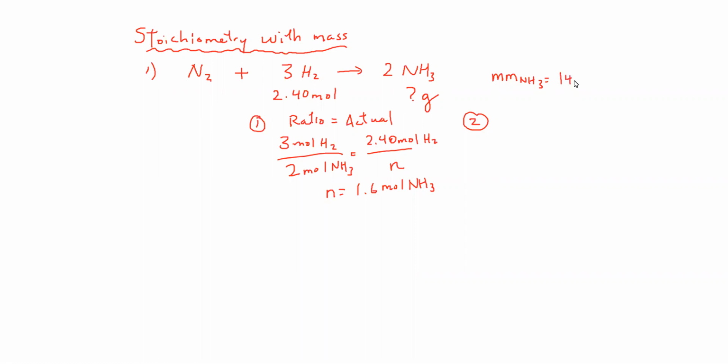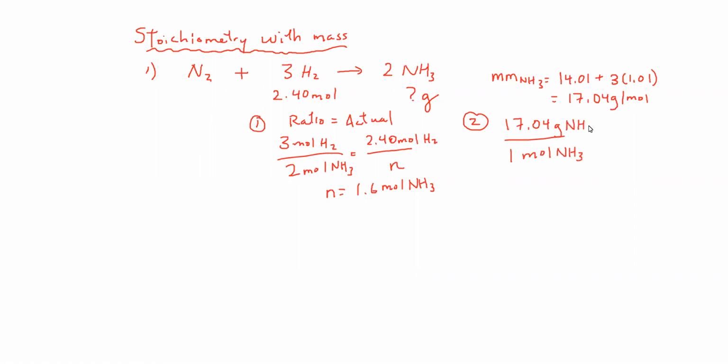So nitrogen has a molar mass of 14.01, and hydrogen has a molar mass of 1.01, but 3 times. So this ends up being 17.04 grams per 1 mole. I'm going to use this ratio to figure out the amount of grams I have for ammonia.